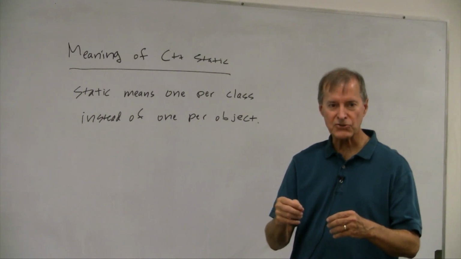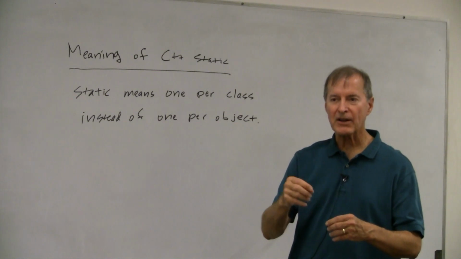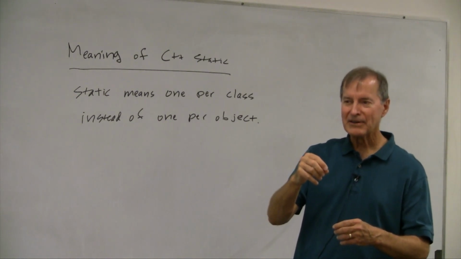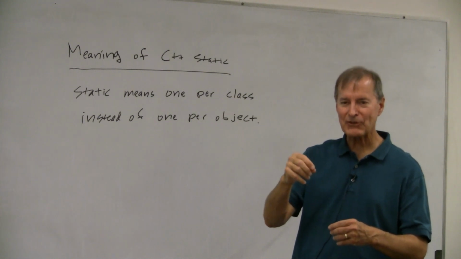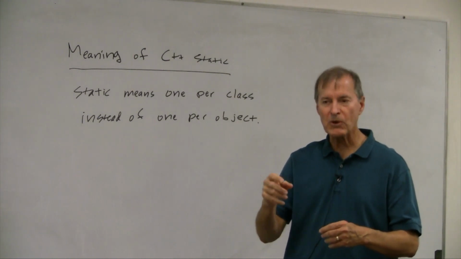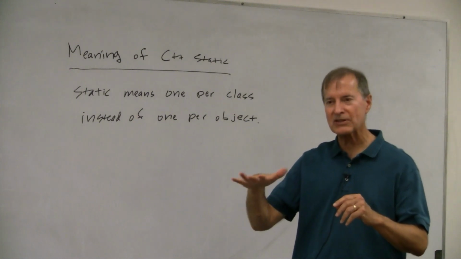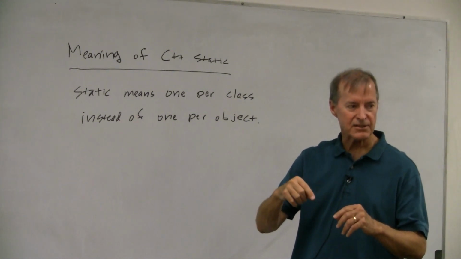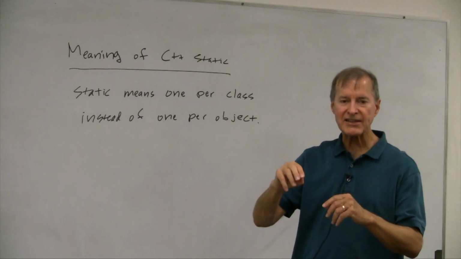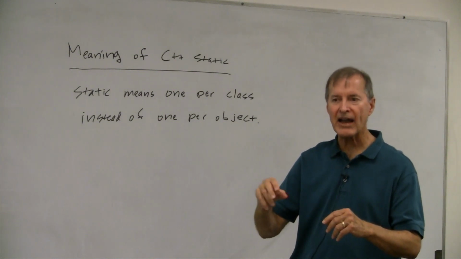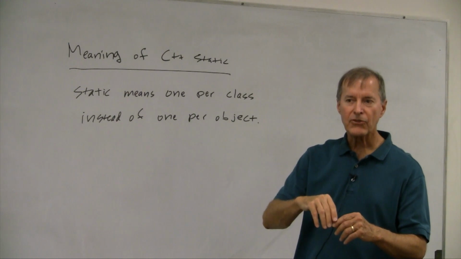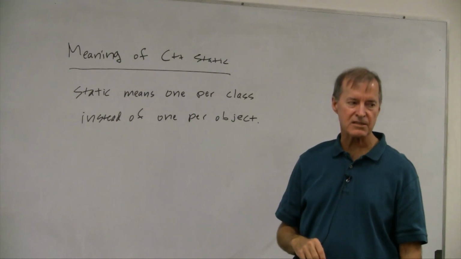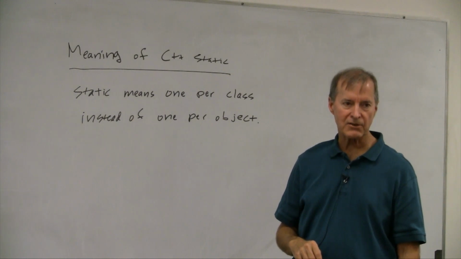Are you with me? We don't want a counter for a sub 0 and a counter for a sub 1 and another counter for a sub 2. We want one counter for the whole class that each one of those objects can access. So instead of each one of those objects accessing their own private counter, they are accessing what? The one counter for the whole class. Now, does this make sense? Is everybody clear on this?